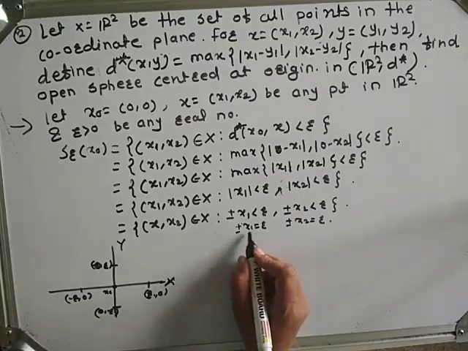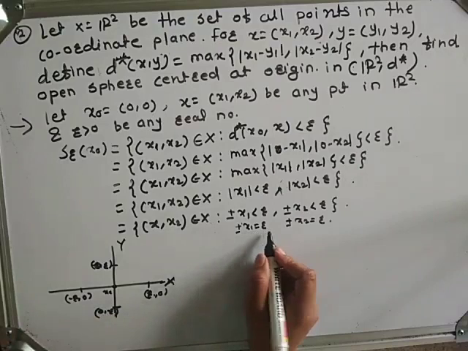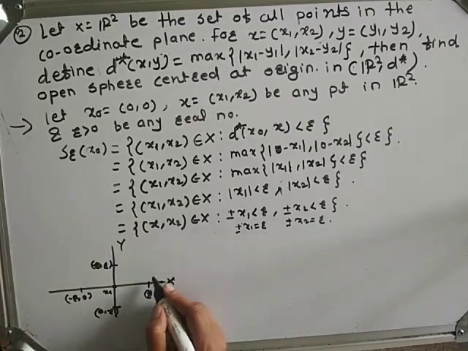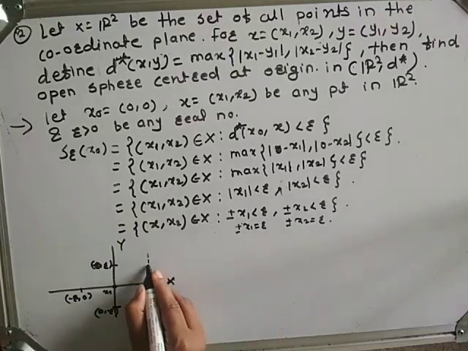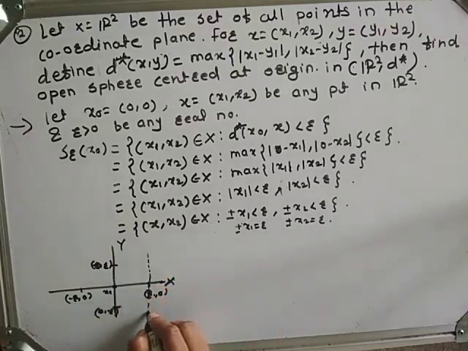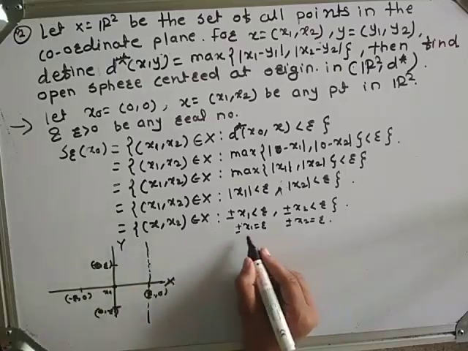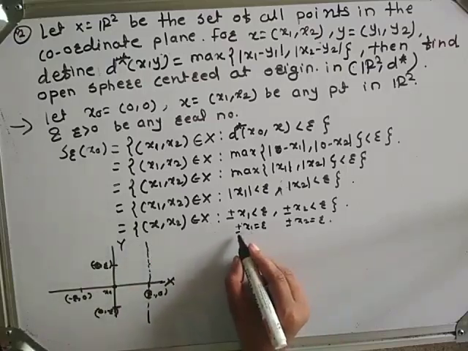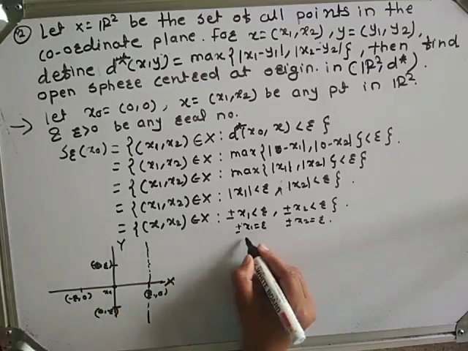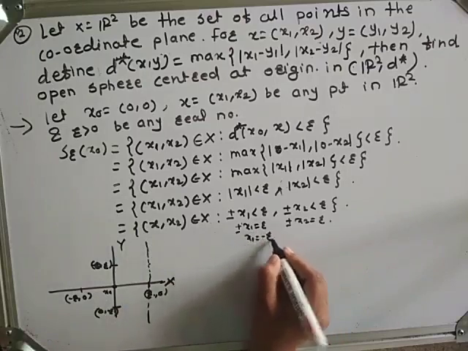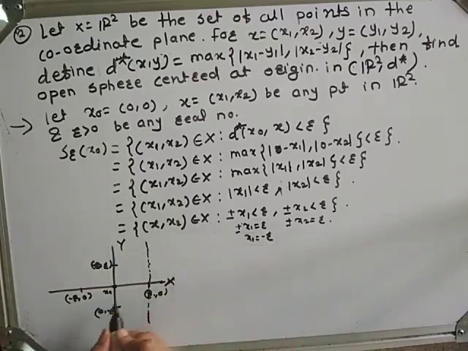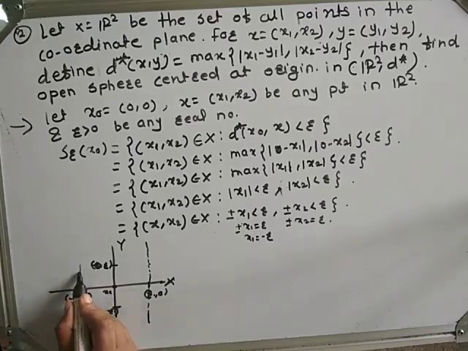When x1 is equal to r, it means it is a line passing through the point r, 0. When minus x1 is equal to r, it means x1 is equal to minus r. It is a straight line passing through the point minus r, 0.